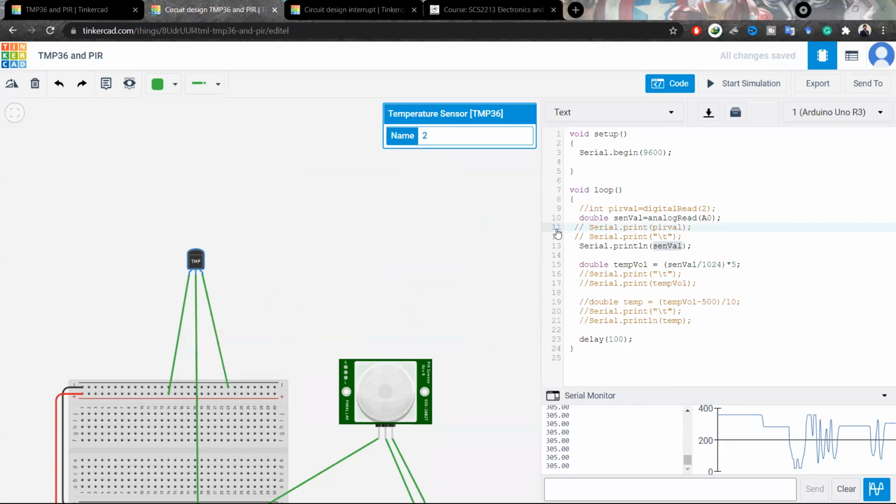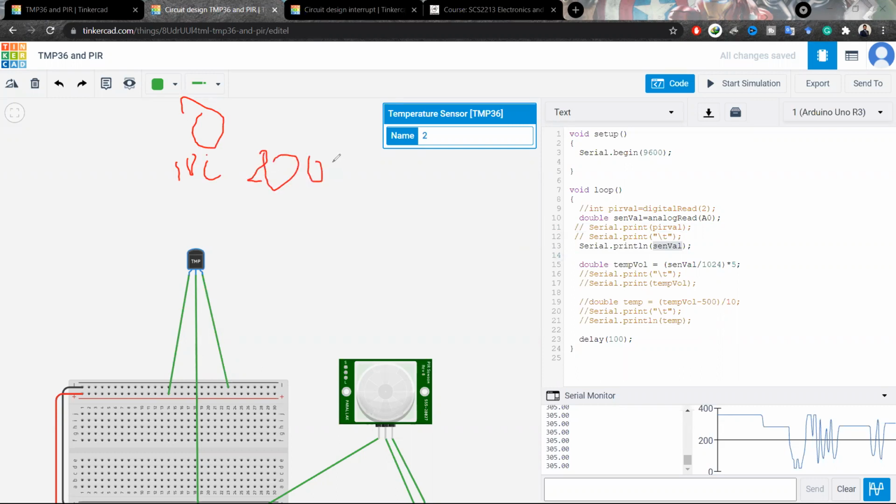someone asking when we slide the sensor, why don't we get the minimum of 0 and max of 1024? That basically depends on the sensor, right? When they design this sensor, it has some operative voltages. So the minimum will be something like 10 Celsius and maximum will be something like 200 or whatever.